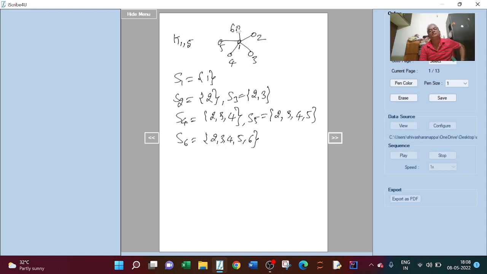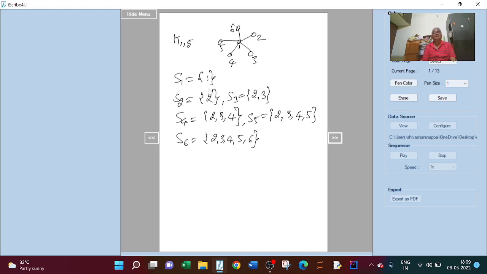Only one vertex is remaining here. If I include 1 in this set, then it will lose the property of independence. Therefore, S6 is a maximal independent set, and S2, S3, S4, S5 are just independent sets. S1 is also a maximal independent set.